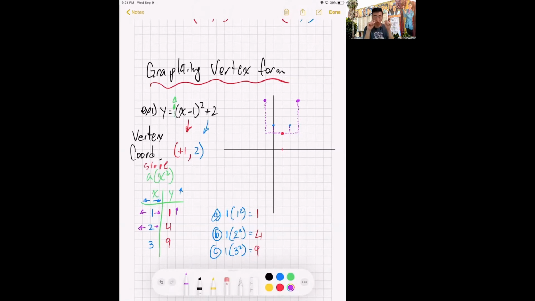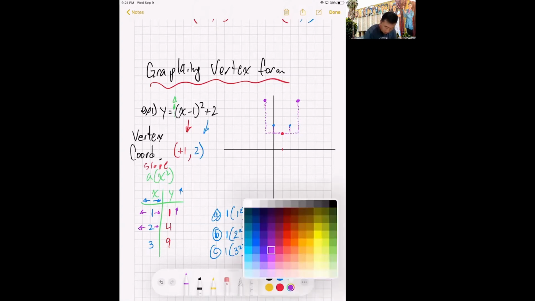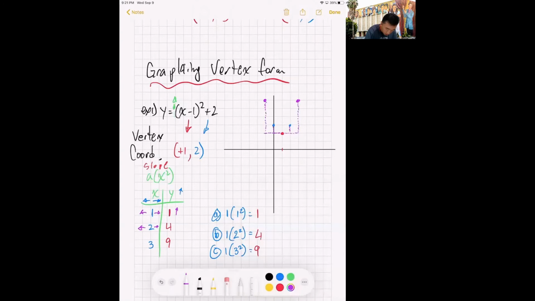Okay, from the vertex, one step left and right, 1 step up. 2 steps gives me 4 steps up. 3 steps from the vertex gives me 9 steps up. One, two, three, four, five, 6, 7, 8, 9. Same thing, 9, right?